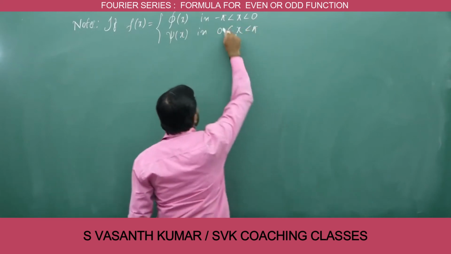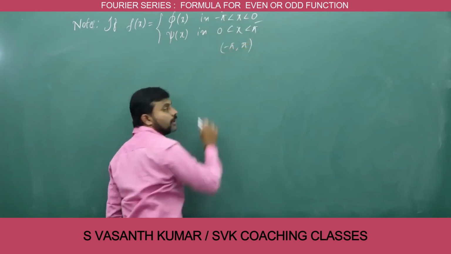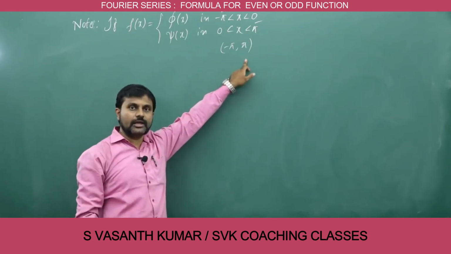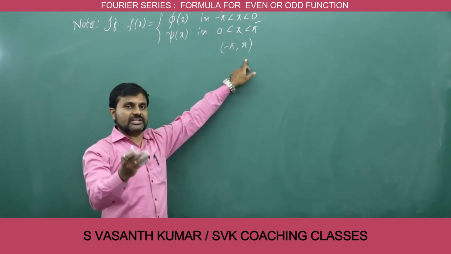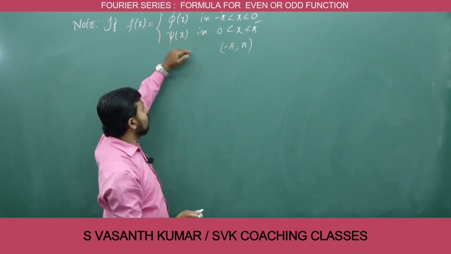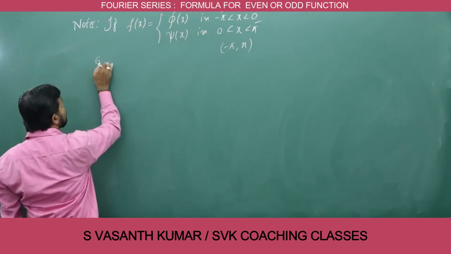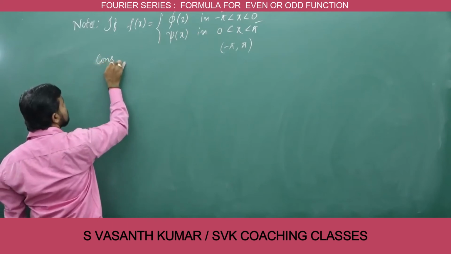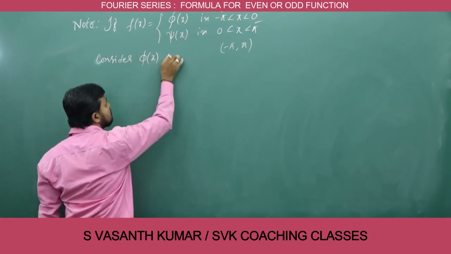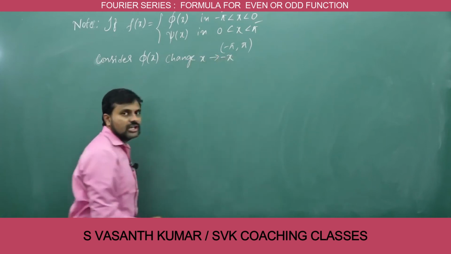Now observe carefully, the given interval is minus pi to pi. What I have told you, when you get the interval minus pi to pi, you should change x to minus x, right? So the given function is discontinuous here. To find whether it is even or odd, consider phi of x, then change x to minus x.